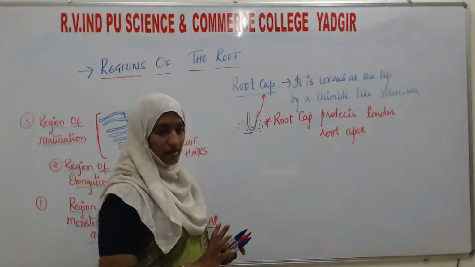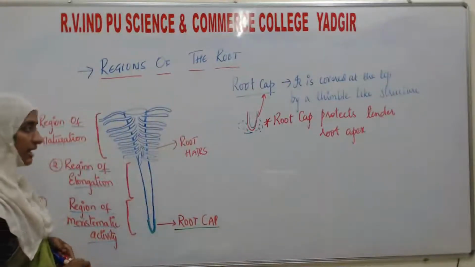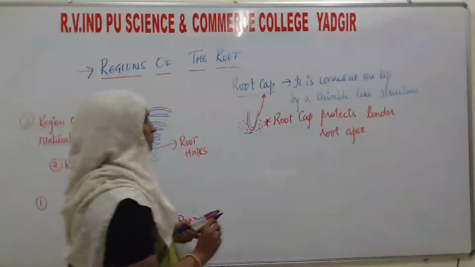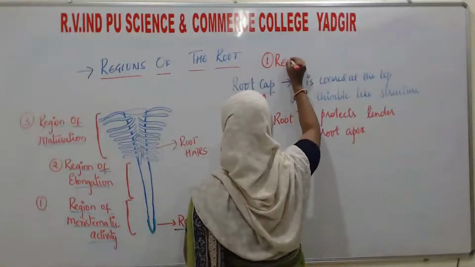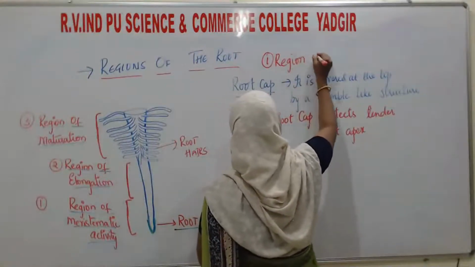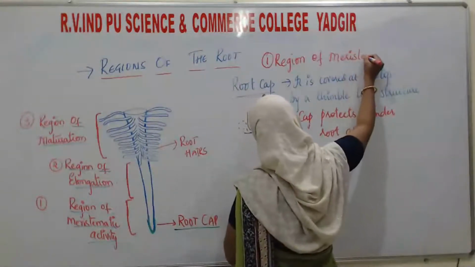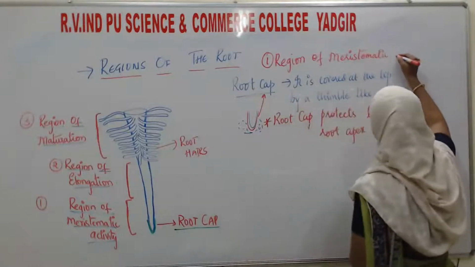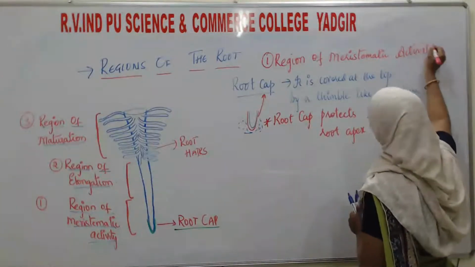Here the first region they had given is the region of meristematic activity. So this root cap also comes under the region of meristematic activity.